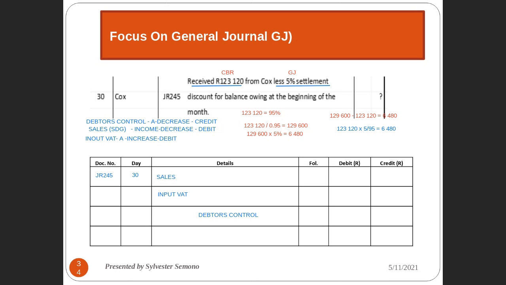So it means if it is including VAT, this amount of 6480 must be absorbed by the main account. Which one do you think is the main account between the sales, input and debtors?